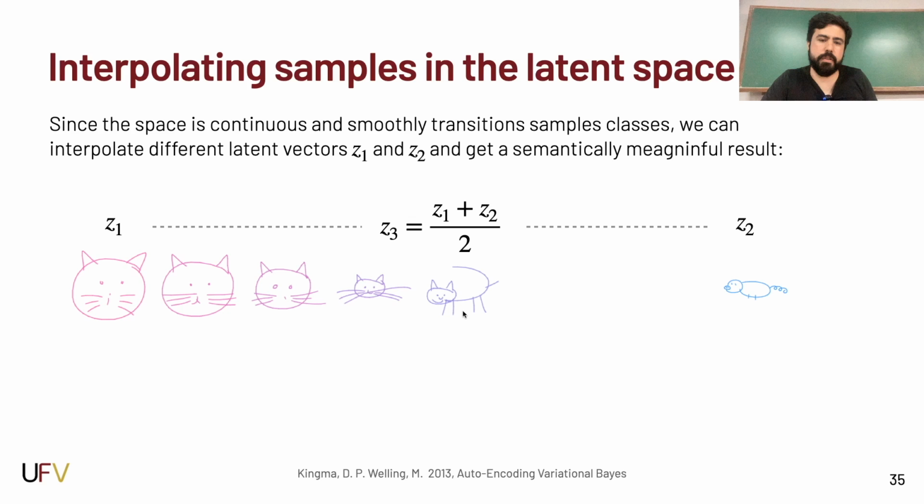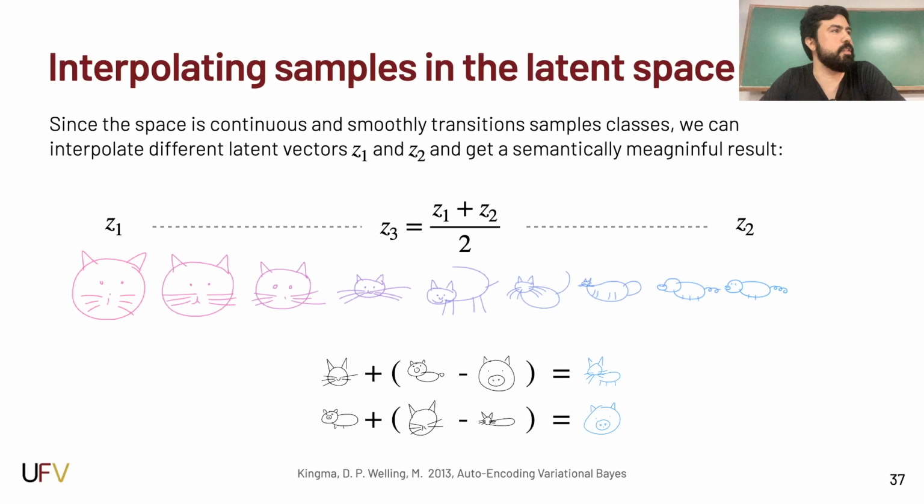You could also do algebraic operations in latent space. You can get an image of a pig with a body, subtract the image of a pig face, and then add the face of a cat, and you would get a cat with a body. This you do with vector math, so it's very interesting for creative applications.